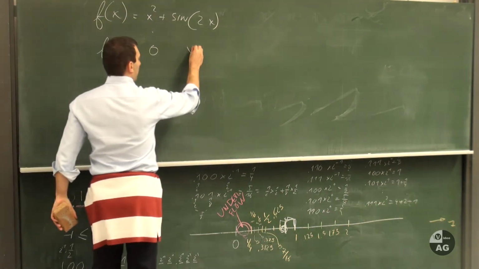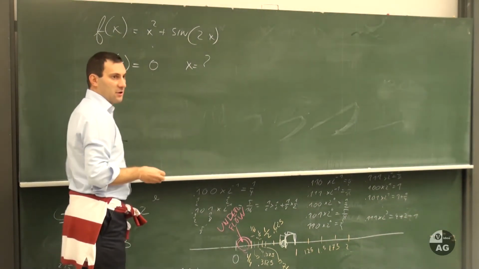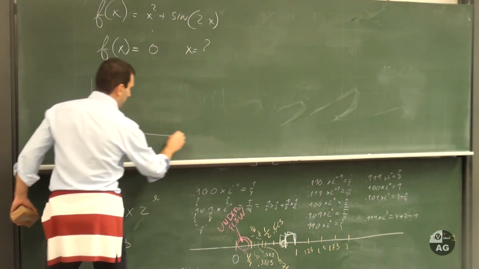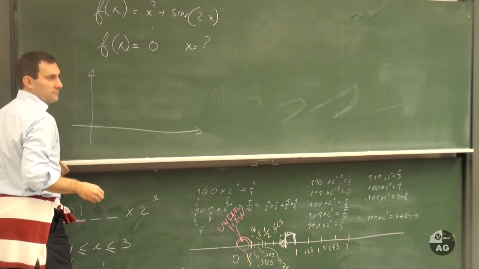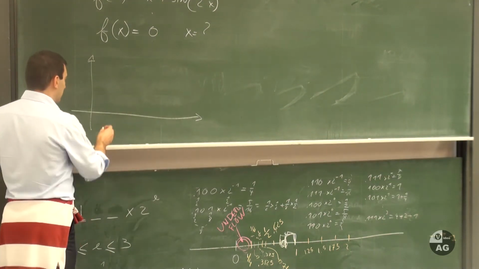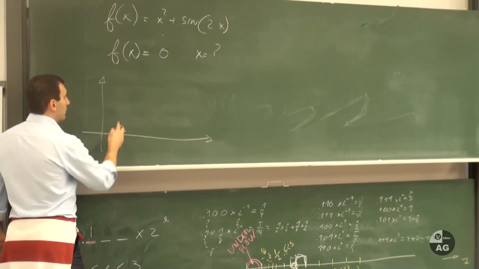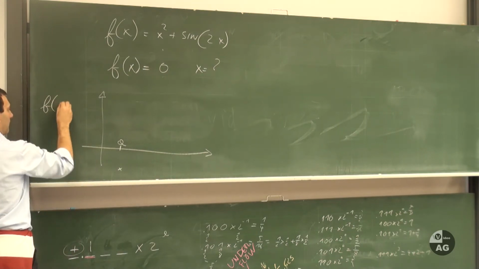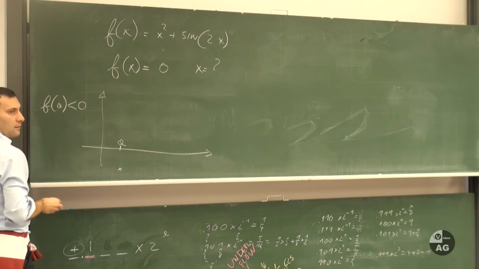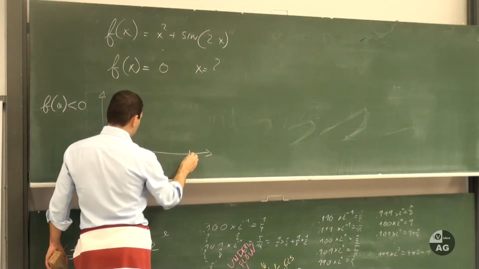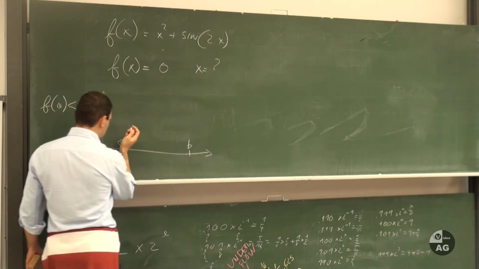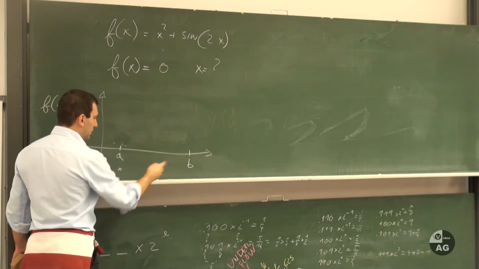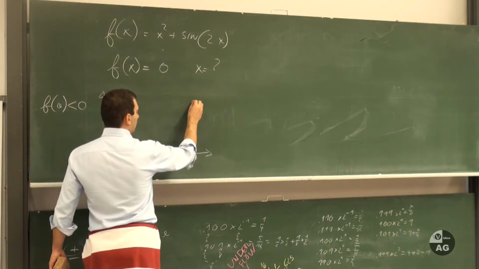So, a very common algorithm is the following. It's based on this idea. Magically, somebody tells me that in a point A, my f of A is negative. And always magically, somebody else tells me that in B, my f of B is greater than 0.